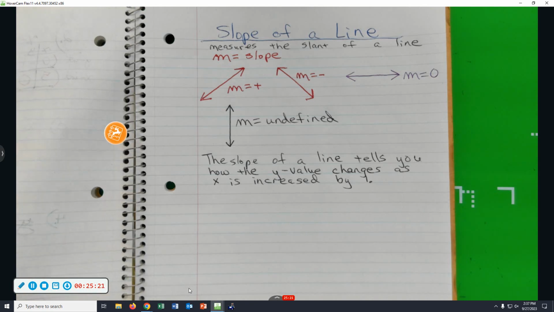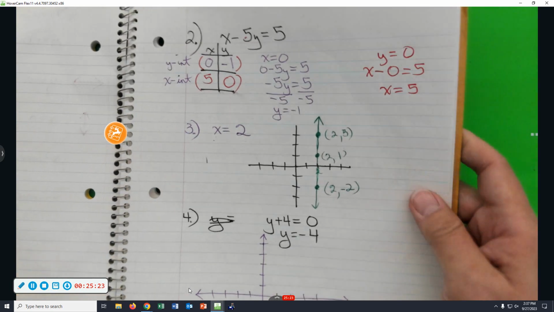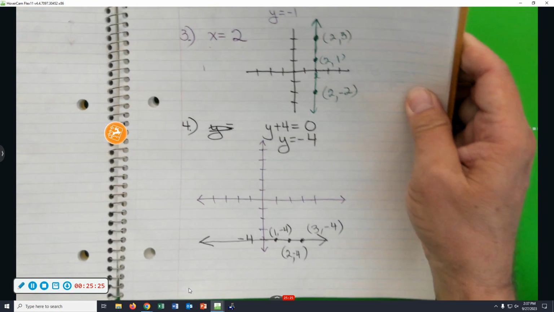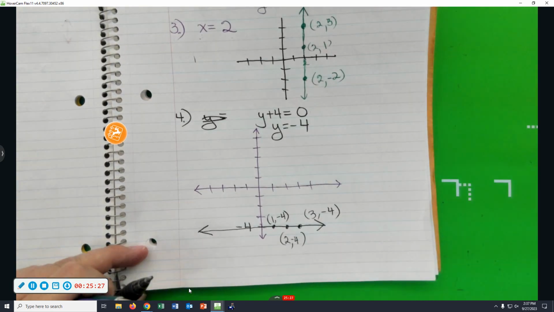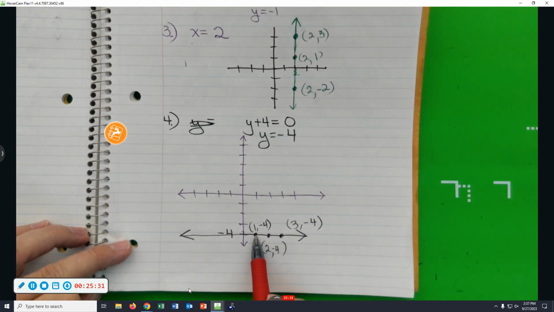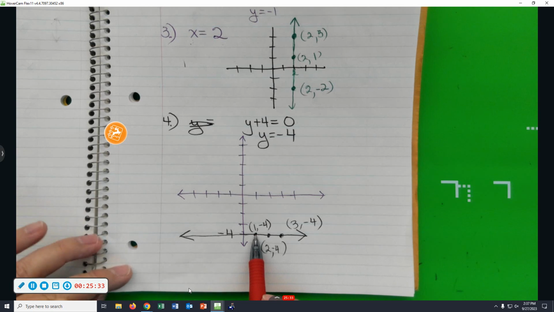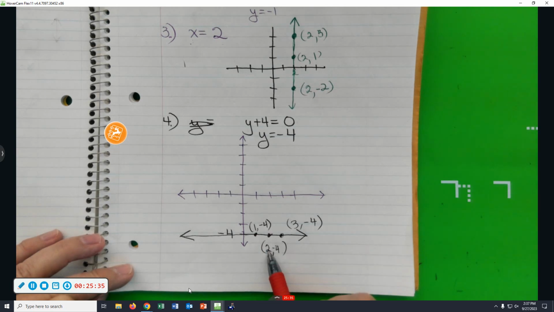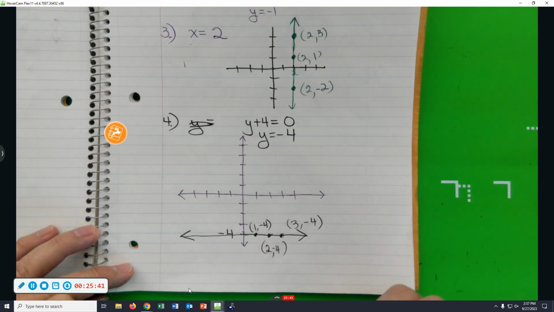Well, let's look at this horizontal line that I had here a moment ago. Notice I started off with x as 1. Then I increased x to 2. How did the y change? Did it go up, go down, stay the same?